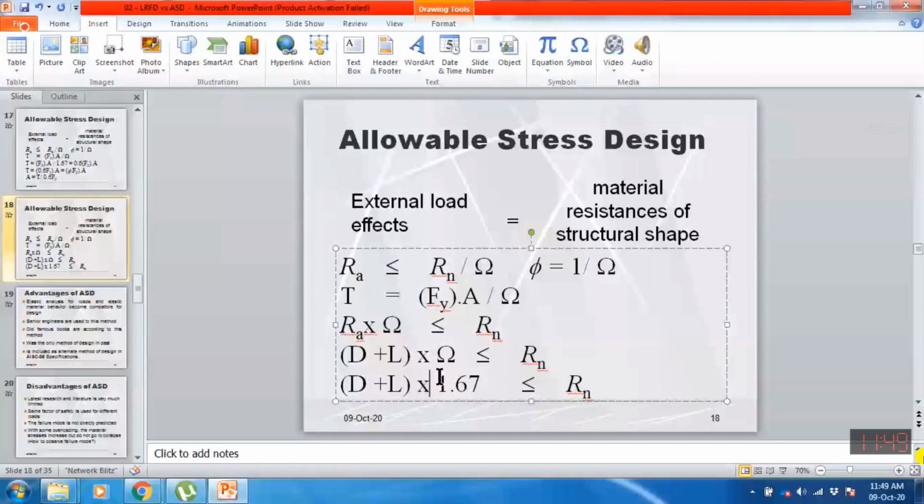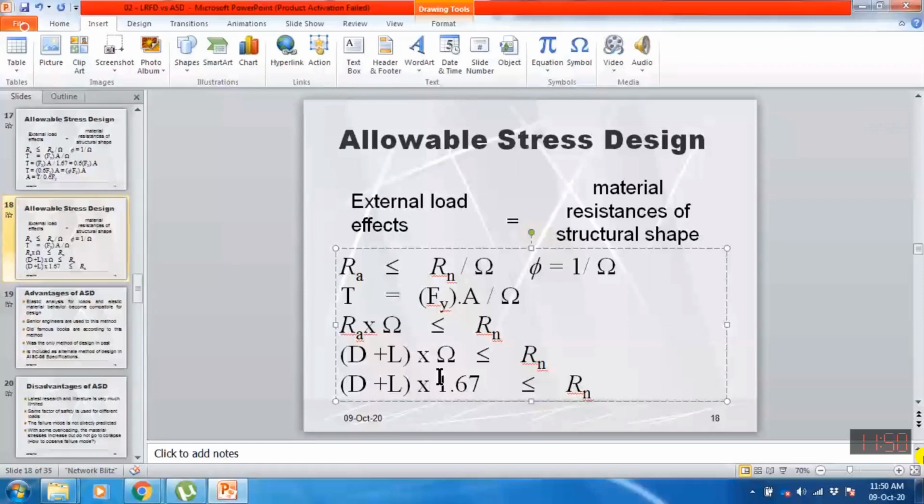But why is it unrealistic? Again, I will give you an example which is easy to understand. For example, you are sitting in a classroom, maybe C6, where we have chairs. I assume the weight of a single chair is maybe 50 kilograms. The fluctuation of dead load is not much.